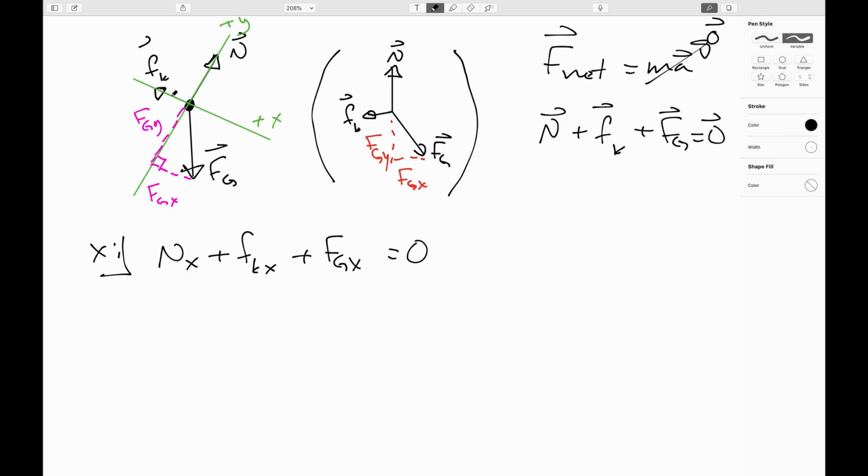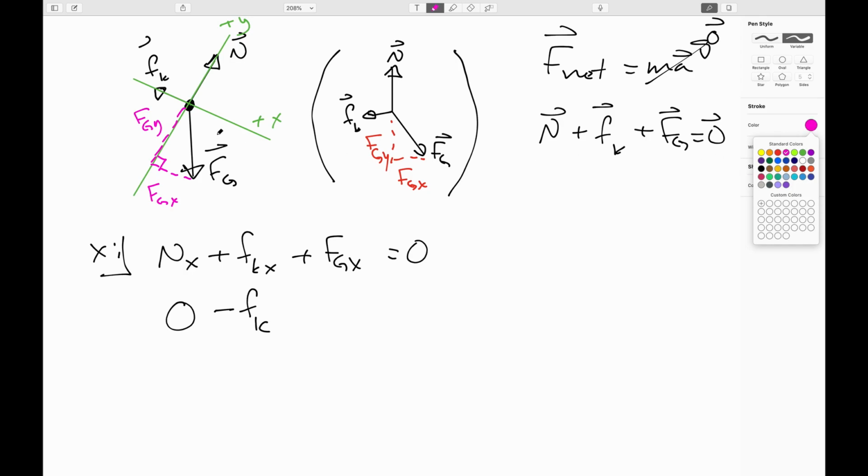Okay, so if I look here, the normal force is purely along y. It's not along x at all. So the x component is 0. For kinetic friction, it's purely along the x-axis. It's not along the y-axis at all. Now, it's pointing in the negative x direction, so we have to write minus fk. Then lastly, same deal here.